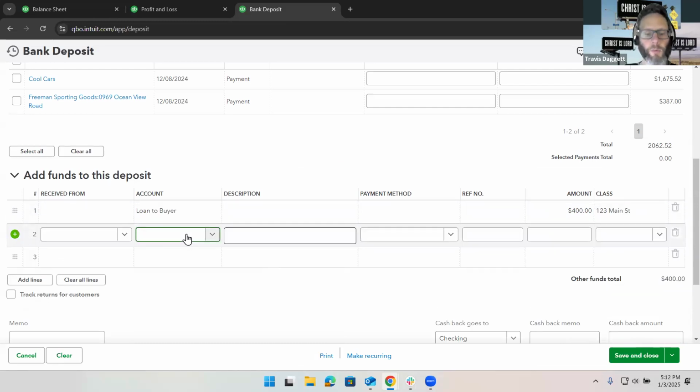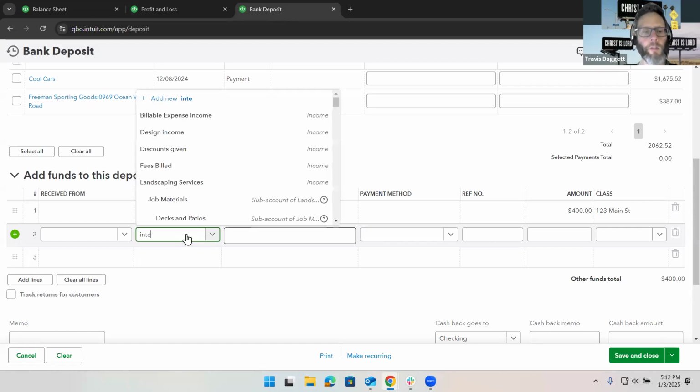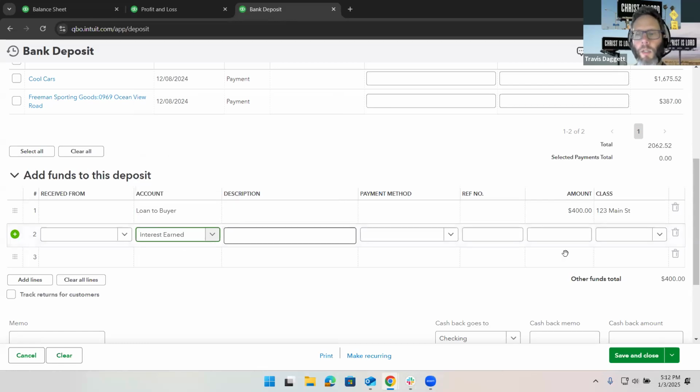I know in an actual situation that's going to be different, and you're going to be making a profit on the spread and interest. Or at least you could. So we have the $400 to the loan held, and then this is going to be interest earned this time.